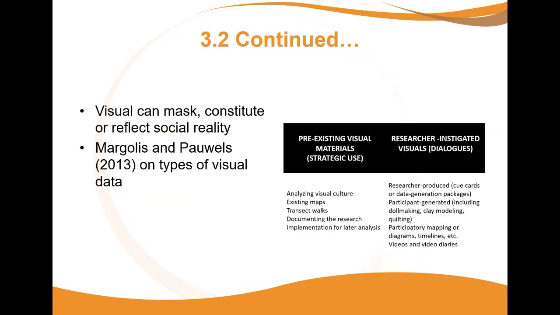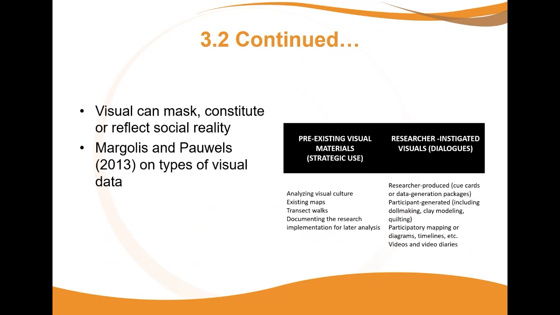The visual can mask something, but it can also constitute or reflect a particular social reality. So Margolis and Pauwels have a typology of visual data. They say that there can be pre-existing visuals, and then there can be researcher-instigated visuals.